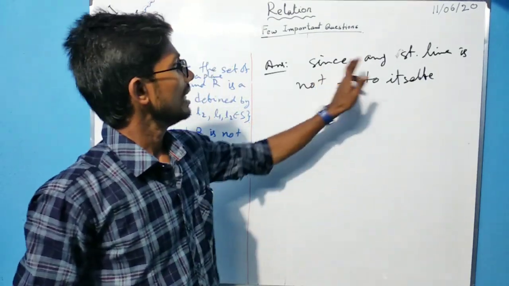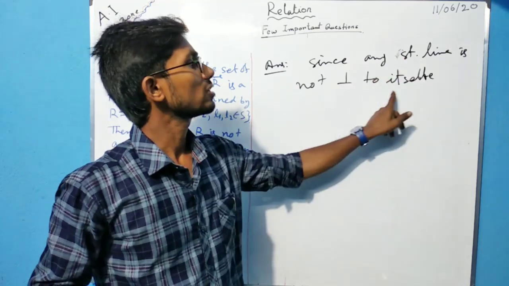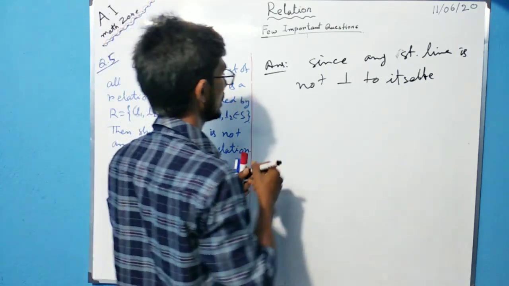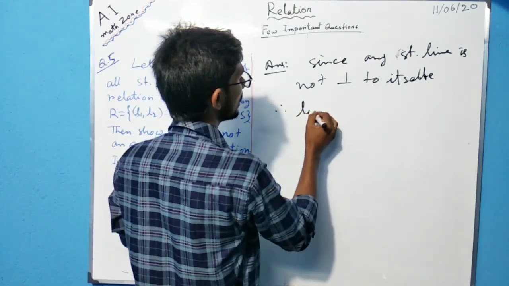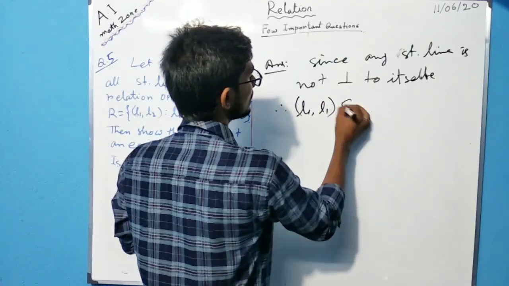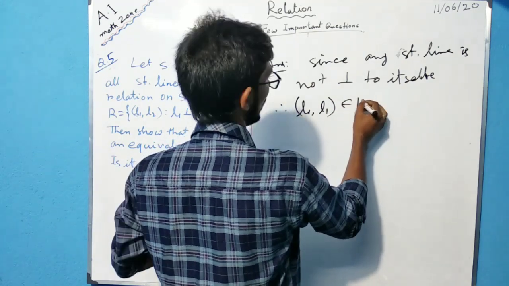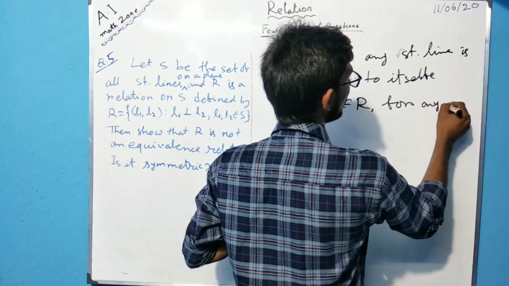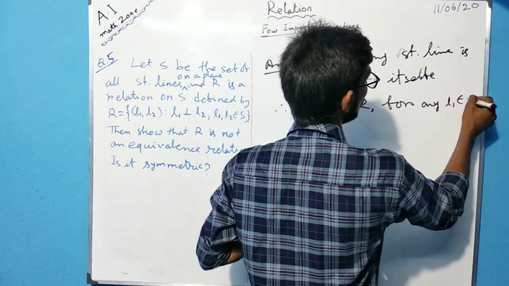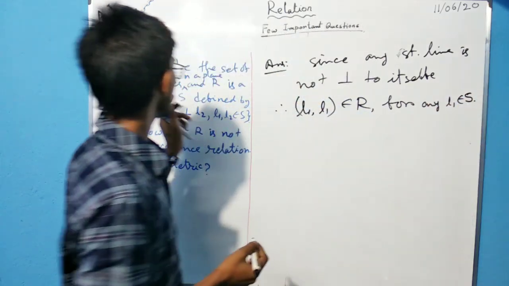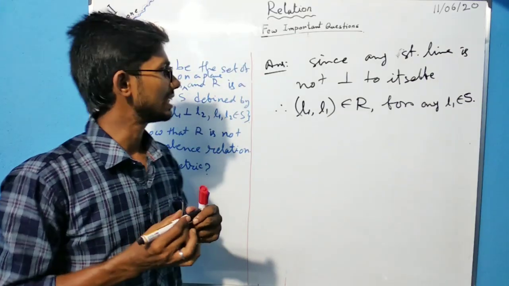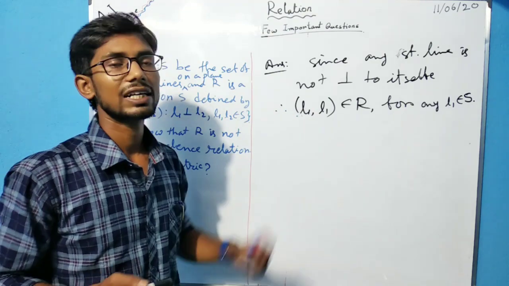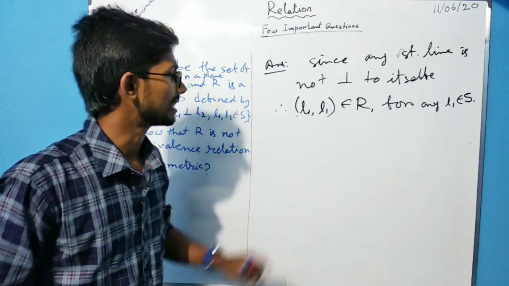So since any straight line is not perpendicular to itself, therefore (L1, L1) does not belong to R for any L1 belongs to S. S के अंदर कोई भी स्ट्रेट लाइन के लिए वो खुद उसके साथ रिलेट नहीं रहता है, क्योंकि कोई भी स्ट्रेट लाइन वो खुद के साथ परपेंडिकुलर नहीं रहता है, right?